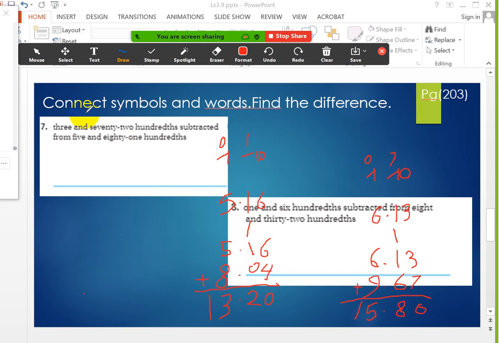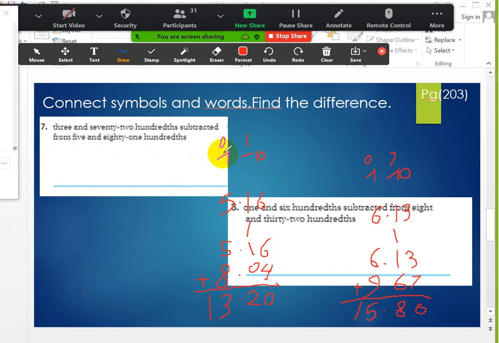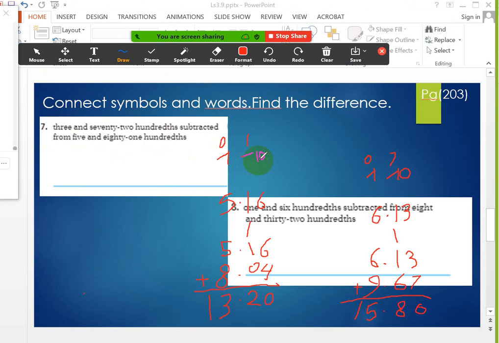The first number, I will solve the first one for you, and I will give you the others to solve. 3 and 72 hundredths. So I have 3 and point, as we said in addition. 72 hundredths means I have 2 digits after the point, and in these 2 digits I have 72.